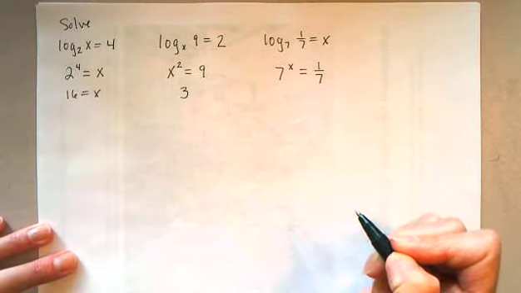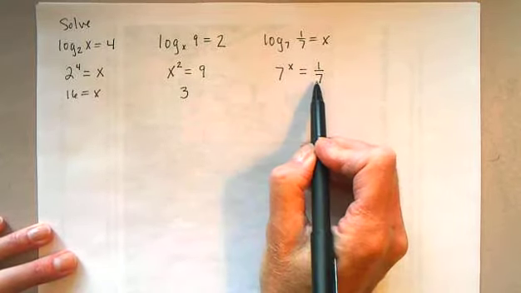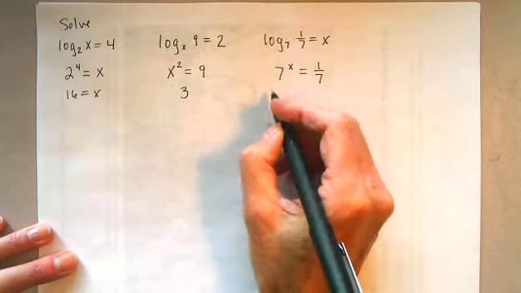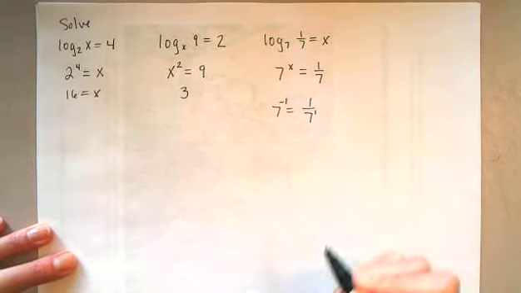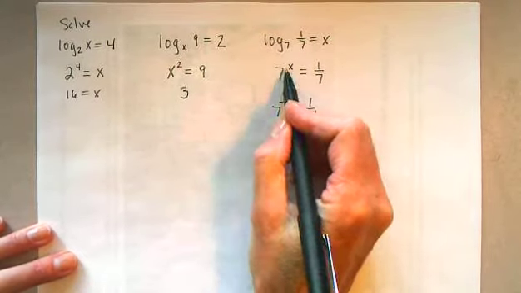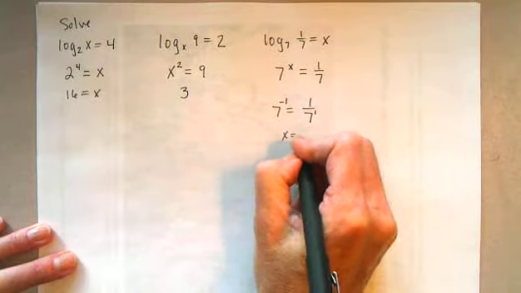And so, how do I just take a 7 and put it on the bottom? Well, if I raise it to the -1, we know that we make it positive by putting it on the bottom. So that is what x equals. x is that -1.